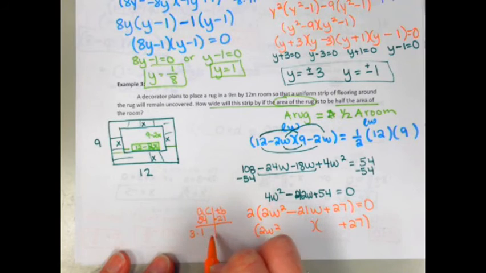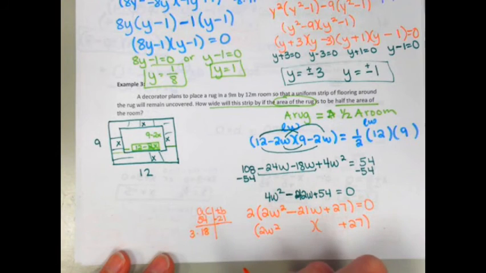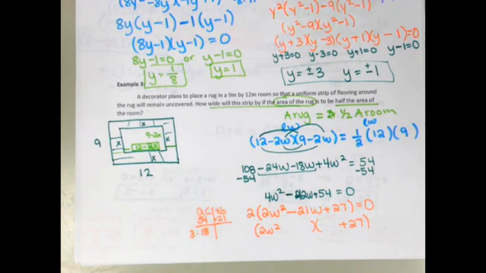No. 3 and what? Okay, 3 and 18, both negative, right?